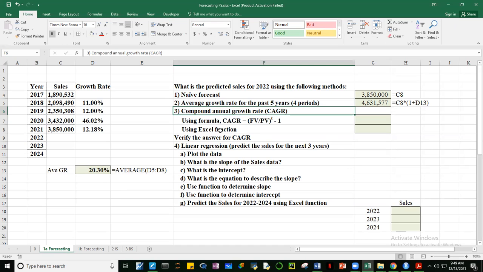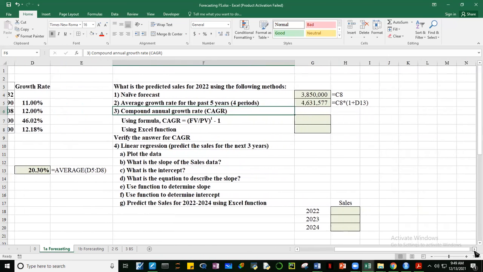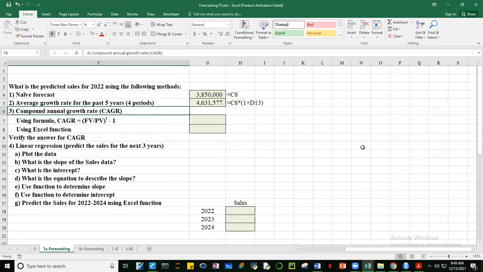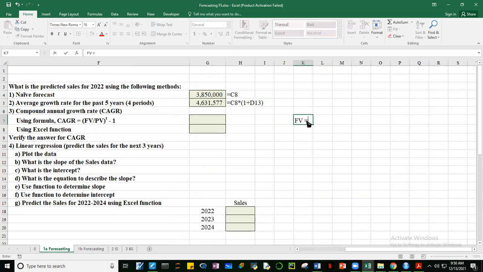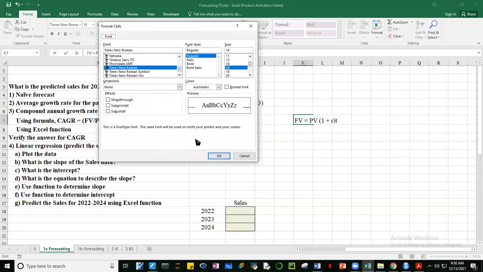Okay, we'll compute CAGR two ways. The first one is, okay, I didn't bring my digital pen, sorry. Okay, the first one is, we base it on the function that we learned before. What's the relationship between FV and PV? The relationship of FV and PV is, okay, sorry about this, let me put the superscript.